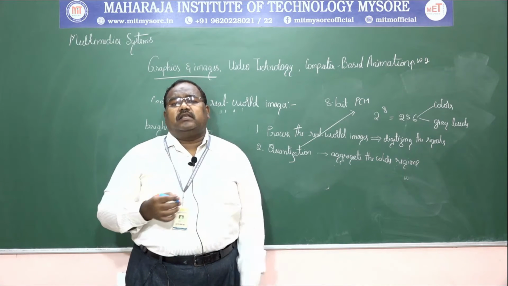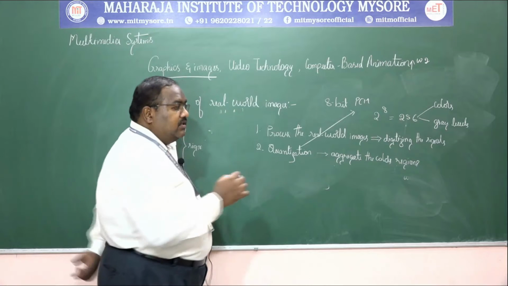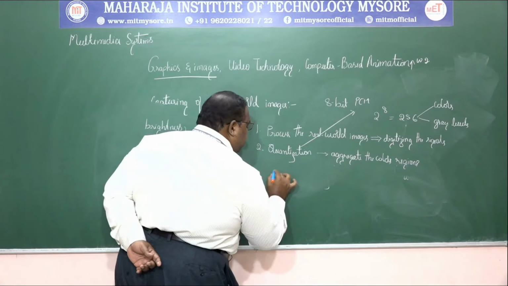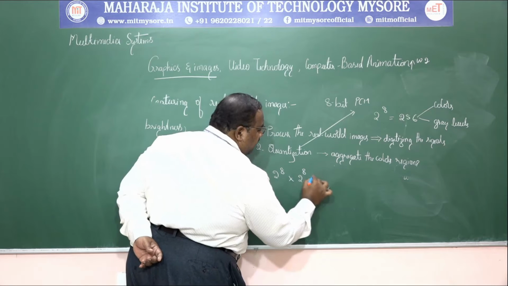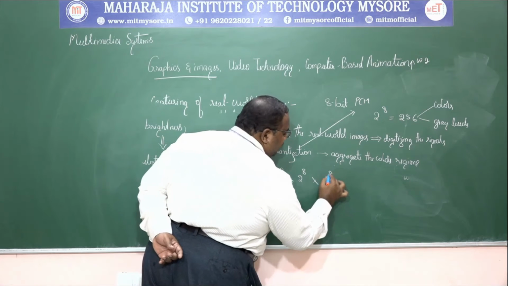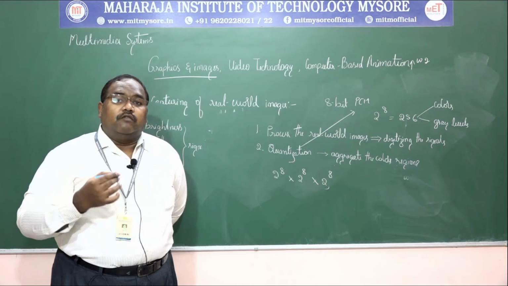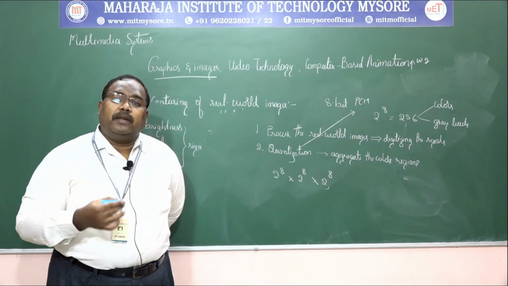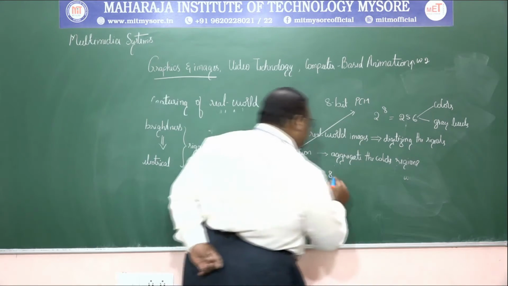Now when we talk about the results, since we are using three dimensions, it is 2 to the power of 8 times 2 to the power of 8 times 2 to the power of 8. When we do this kind of calculation, we get approximately 16 million different colors.